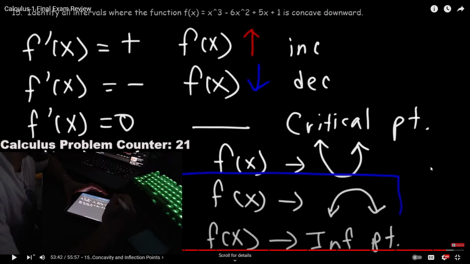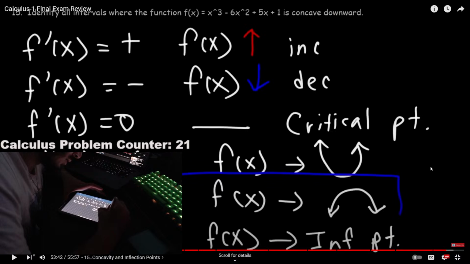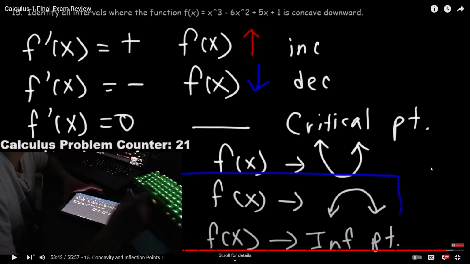So f prime of x positive means f of x increases, negative means f of x decreases, and f prime of x equals 0 is a critical point.